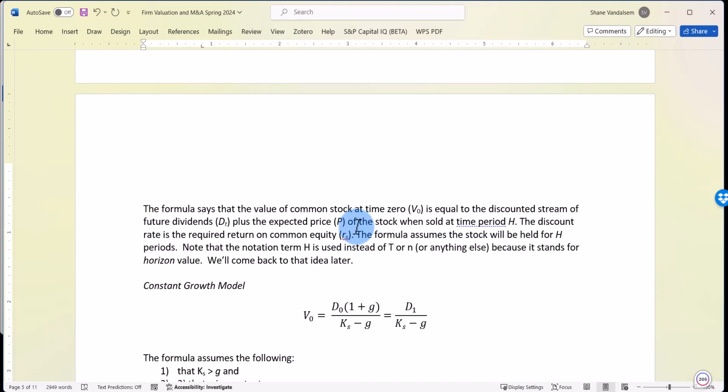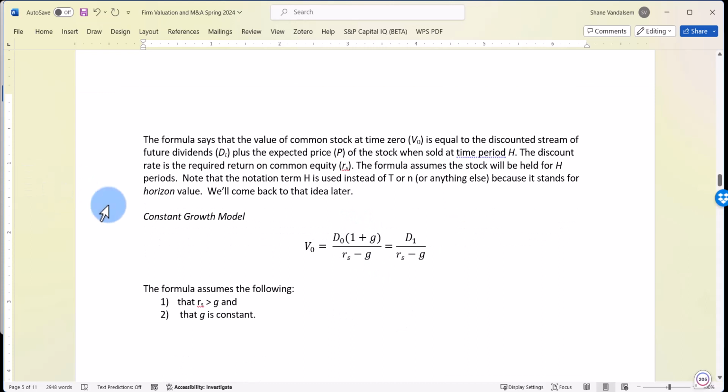We're going to start off with a very basic model called the constant growth model. The constant growth model says that the value today is equal to the last annual dividend paid multiplied by 1 plus the growth rate. And the idea behind that is we're getting the next annual dividend, and we divide that by the required rate of return on equity minus the growth rate.